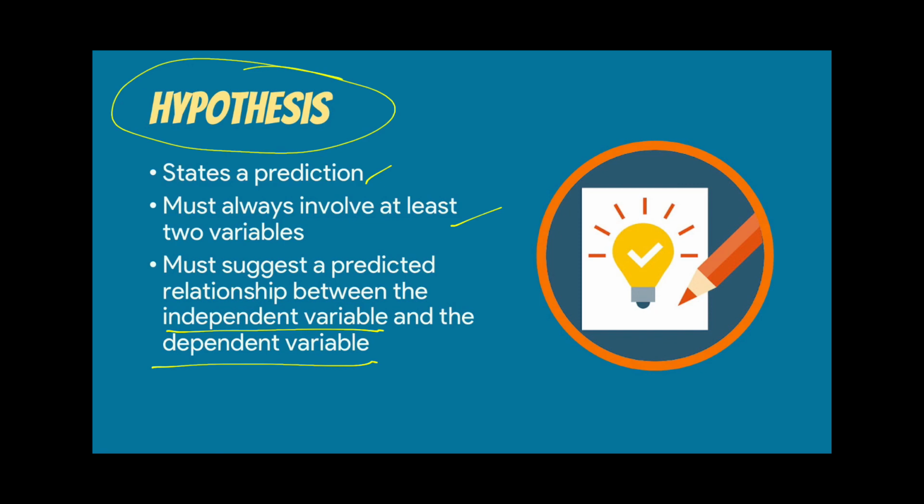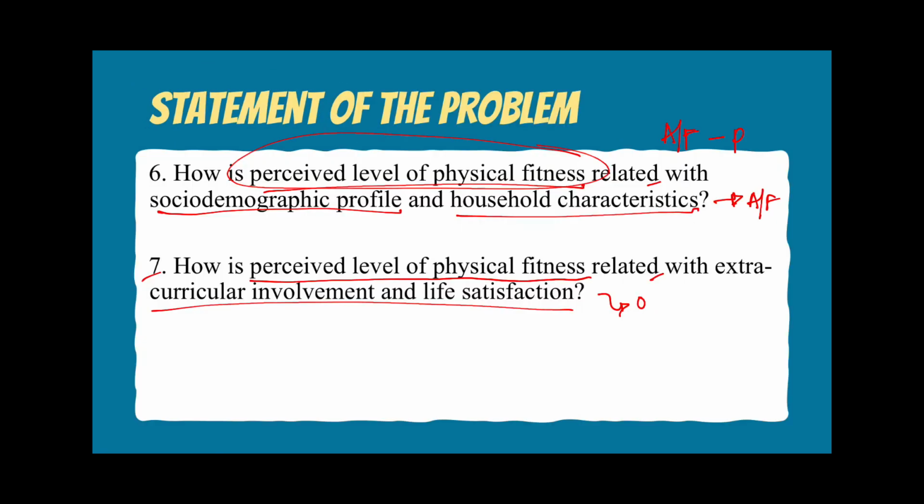So, for example, in this statement of the problem, what is the hypothesis? For example, how is the perceived level of physical fitness related with socio-demographic profile and household characteristics? I will just articulate and then explain later. It would be: there is no significant relationship between perceived level of physical fitness and socio-demographic profile and household characteristics.